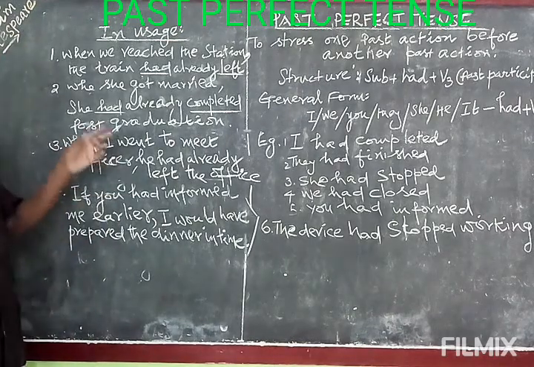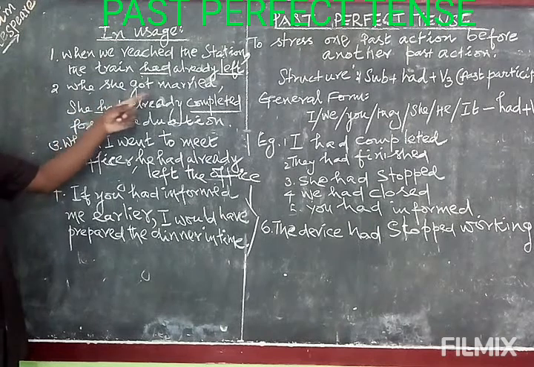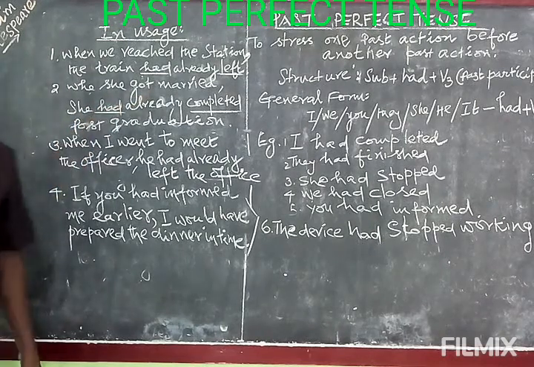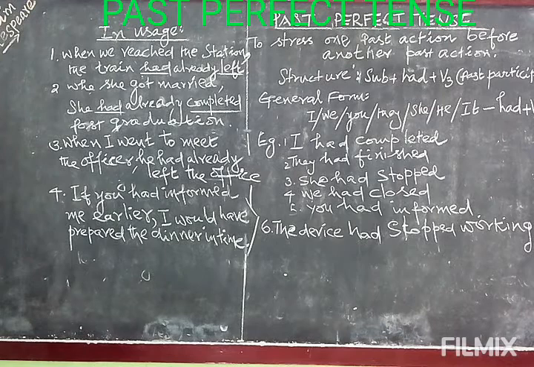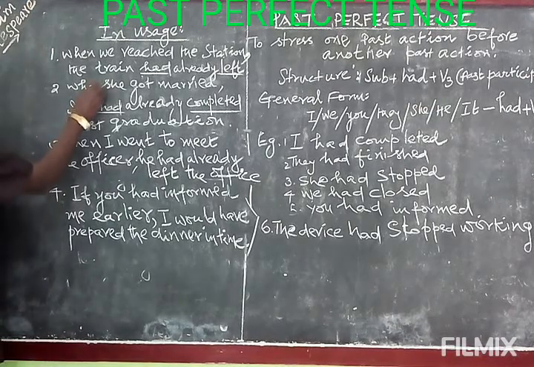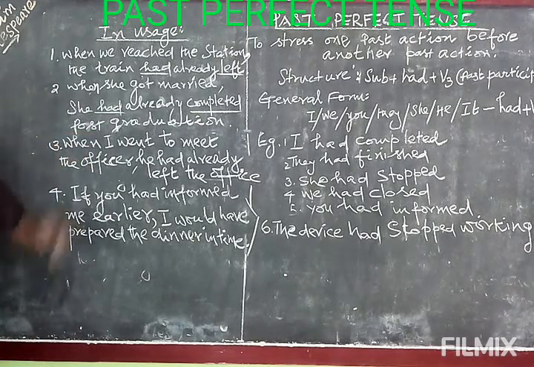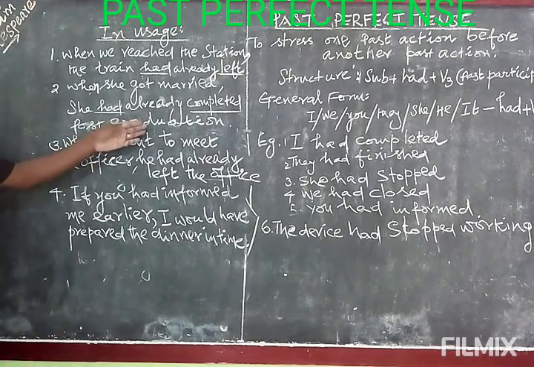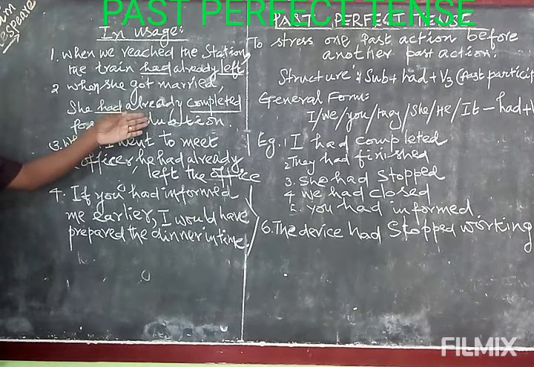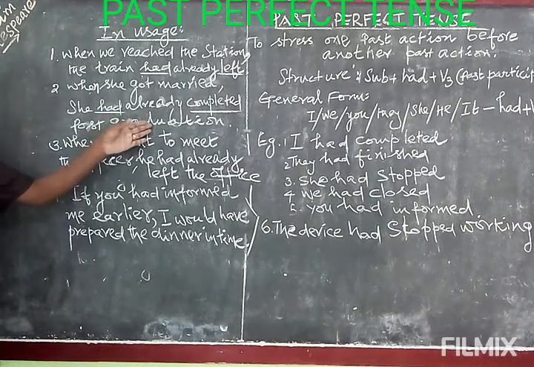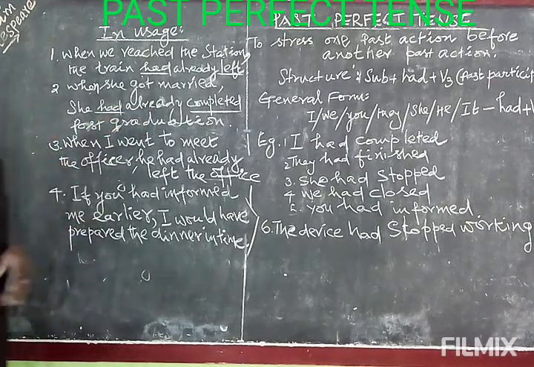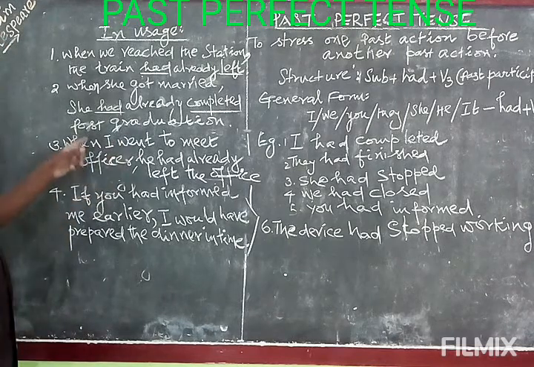On such an occasion we say, when she got married, she had already completed post-graduation. That means before getting married, she had completed her post-graduation studies. That we have to understand.